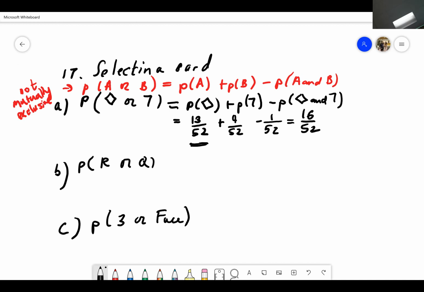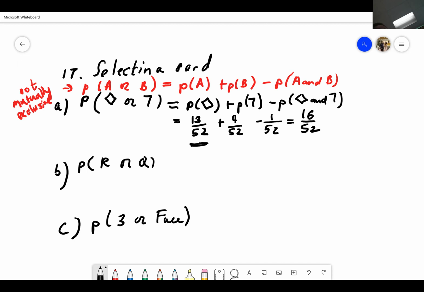We have a 2 of diamonds, a 3, a 4, a 5, a 6, a 7, an 8, a 9, a 10 of diamonds, a jack, a queen, a king, an ace of diamonds. That's 13 cards right there. But when I say the probability of 7, there are 4 7s, and of those 4 7s, you have to allot for the 7 of diamonds I just counted. Does that make sense? Yes? No? Maybe?